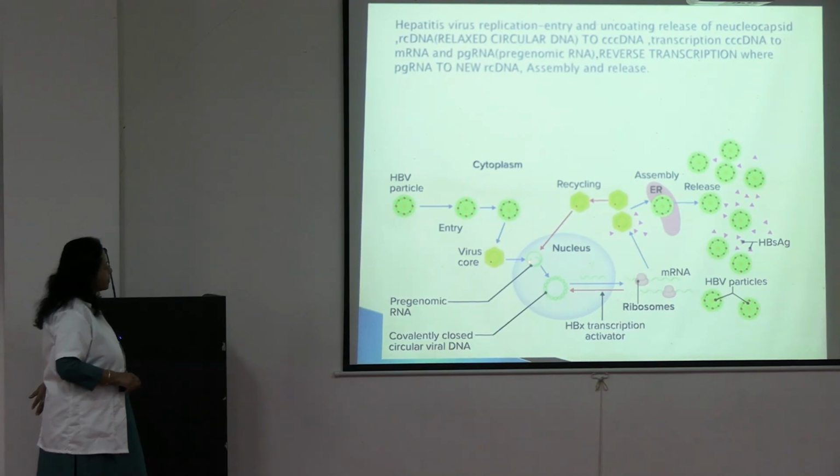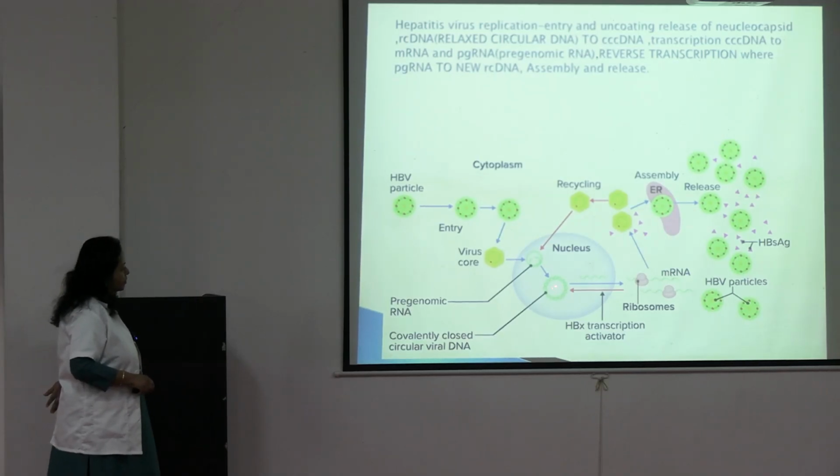It becomes cccDNA, covalently closed circular DNA, which is formed with the help of the hepatocyte nucleus and all its enzymes.